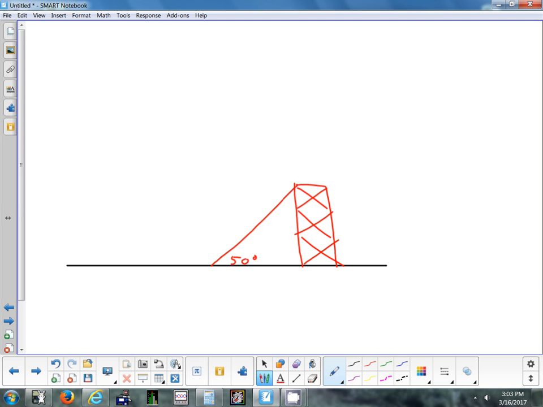And then it says at a point, say, 20 feet further away from the tower, but on the same side as the wire, we have another line. So how would I draw that? What would that mean? At a point on the same side as the tower, but 20 feet further away from where the wire hits the ground.